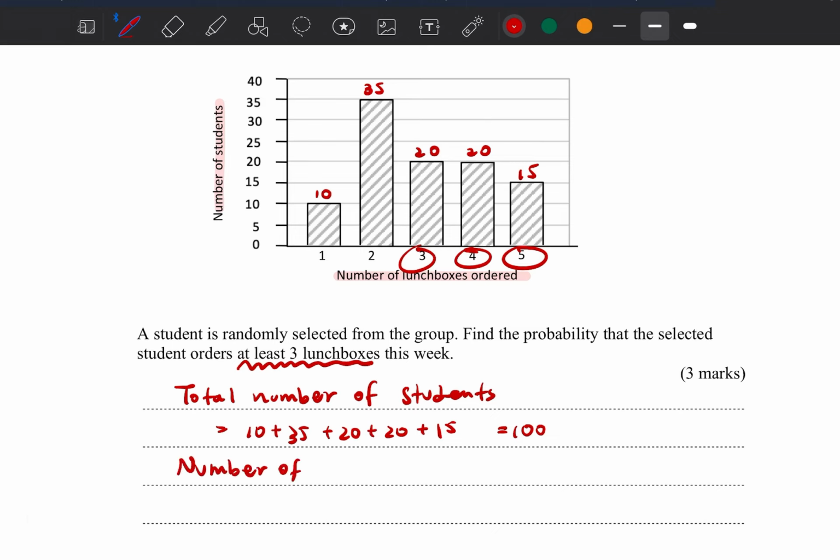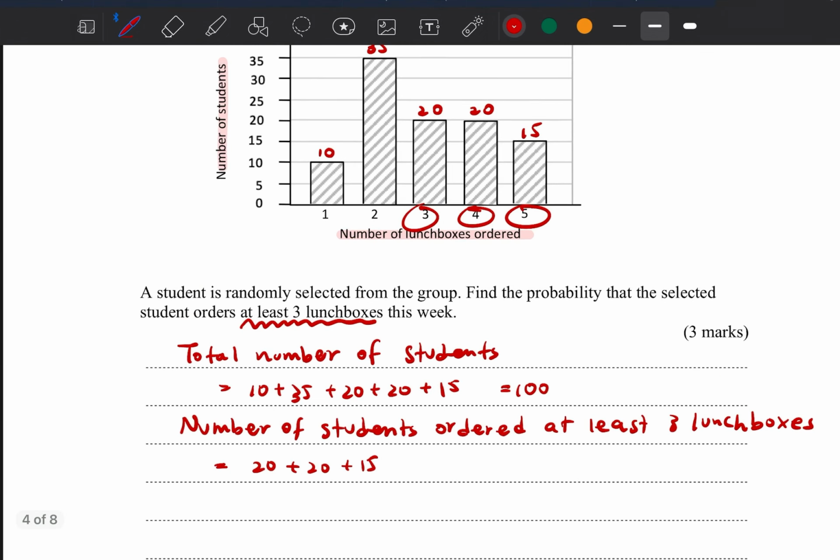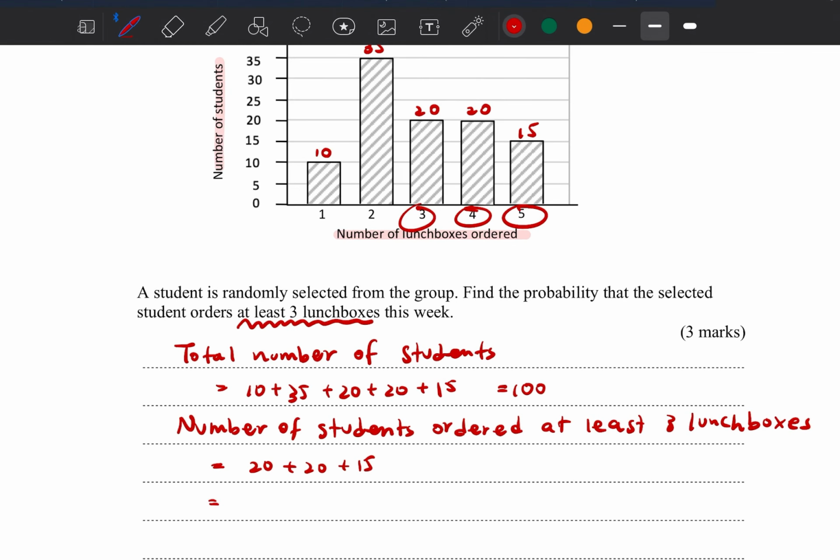And then the number of students who ordered at least 3 lunchboxes. So 20, 20, 15. Because at least, okay, so make sure you look at it. Quite a lot of you just choose this one here, 3, but at least means 3, 4, or 5.